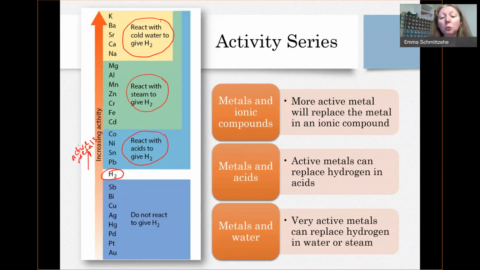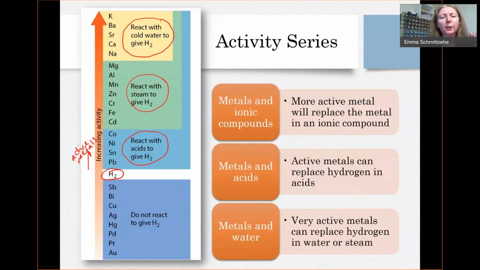That grouping in green do react with water, but the water has to be very hot. It has to be steam, in the gas phase, meaning the water is at a lot higher energy state, so it's actually less stable. So it's more likely to react, or it gives more energy to the reaction so it can happen. That's a better way to say it.